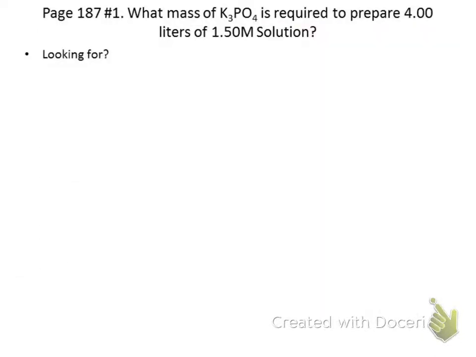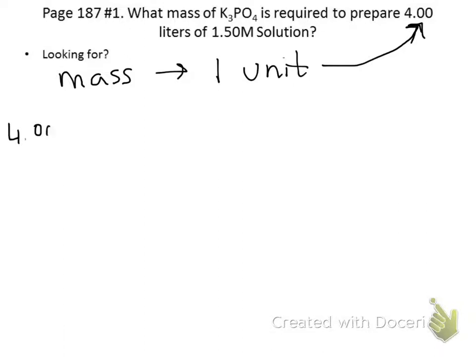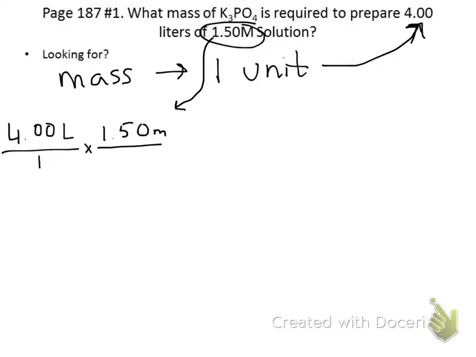So let's actually run through a problem. This one says, what mass of potassium phosphate is required to prepare 4 liters of a 1.50 molar solution? All right, so what are we looking for? We're looking for the mass. It's 1 unit, so you want to remember that you're only going to start with something that means 1 unit, which is why I'm picking the 4.0 liters over 1. Now, you can see the 1.5 is going to be written down, and that's moles over 1 liter.